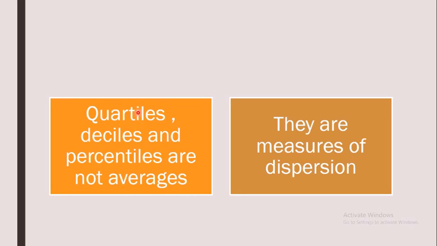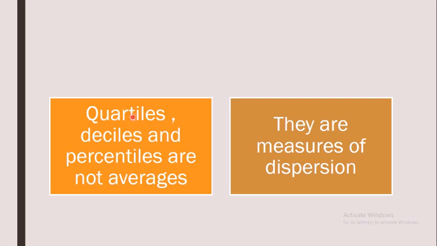One thing you have to make sure of is that they are not averages. Arithmetic mean, median, and mode are all averages; they were measures of central tendency.